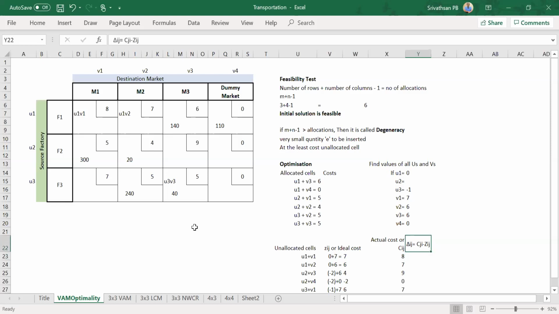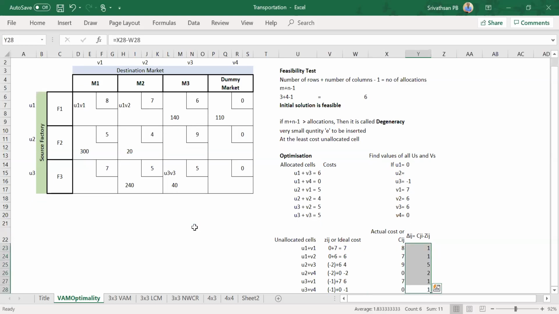Delta is nothing but difference, the difference between your actual cost and ideal cost. So the actual cost is 8, whereas the ideal cost is only 7. So it's 1 rupee more than the ideal cost, so it's not worth allocating any further units in that cell. We'll do this for all.